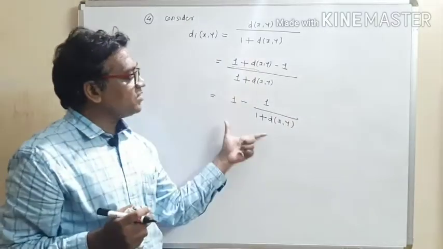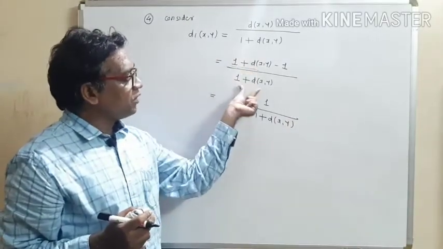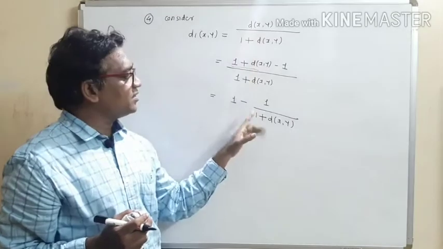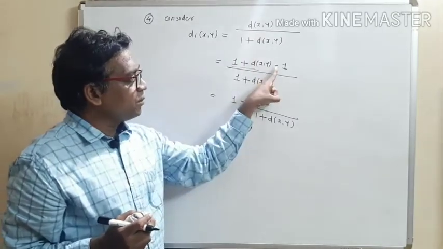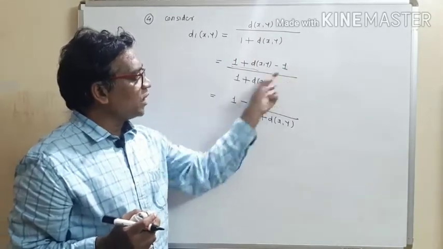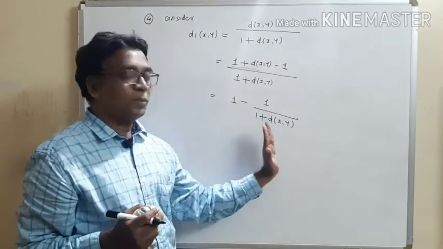Numerator and denominator are the same, so that is 1, minus 1 upon the same denominator 1 plus d(x,y).